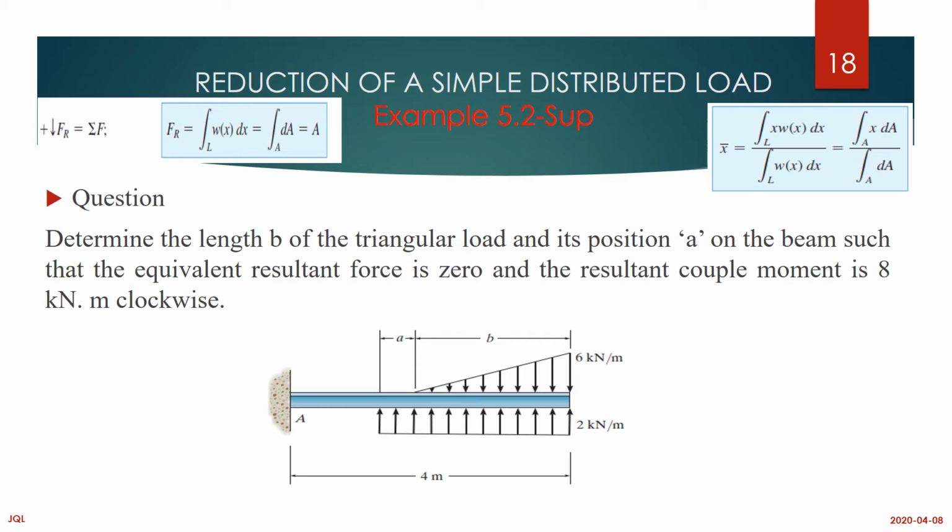We don't know the length, that is B plus A, and we don't know the other length for the triangle, which is B. The only thing that we know is the height for a triangle, which is 6, and also for a rectangle, which is 2. From there, automatically we have ideas on how we are going to calculate this.